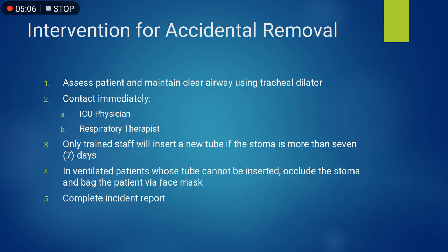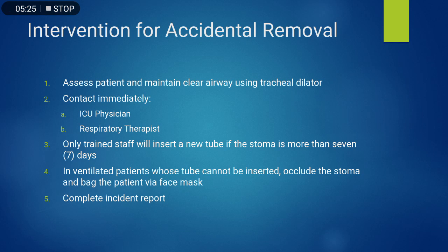Intervention for accidental removal. What are you going to do if your patient has an accidental decannulation? First, assist the patient and maintain the airway using the tracheal dilator. Contact the ICU physician and respiratory therapist immediately.